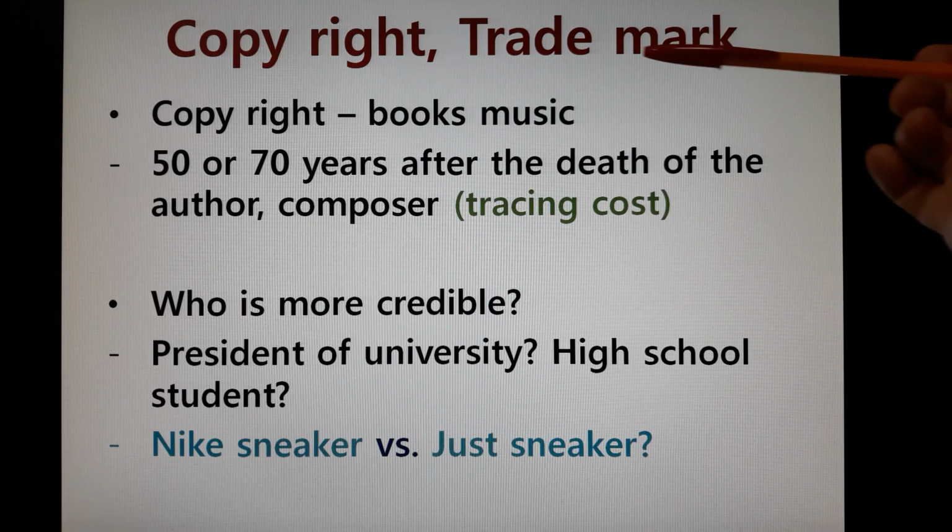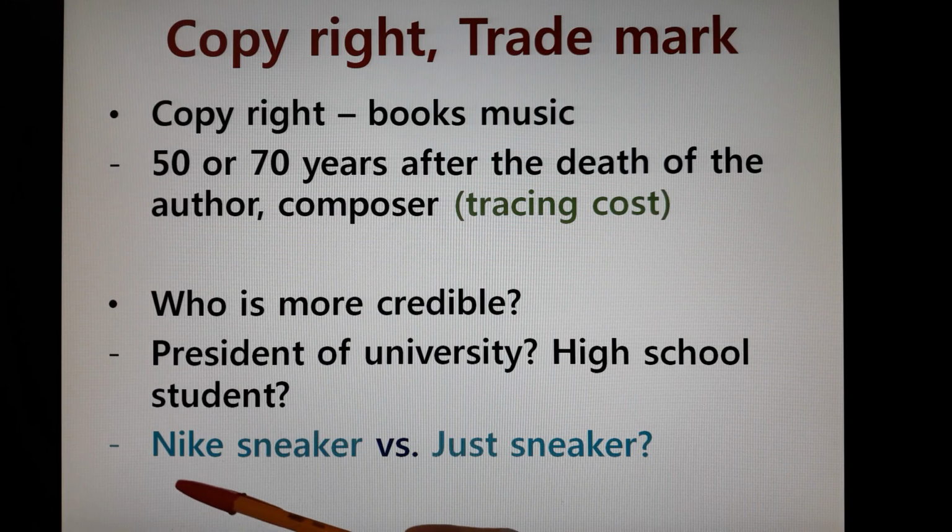Why? It's the trademark. You buy a Nike sneaker and a no-name sneaker, which do you trust more? Nike may want to cheat you, but if Nike cheats you, you go on TV and newspaper and Nike would be embarrassed. Then Nike would lose much more money, like the president of the university.